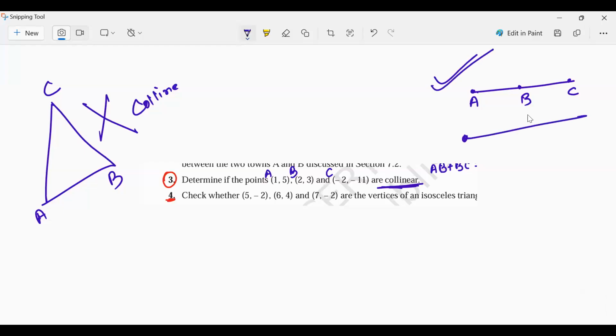Or if A, B, and C is somewhere just in between, this is collinear. If you have A like this, B like this, and C like this, then this is not collinear. Collinear means all the points should be sitting on one straight line. When you try to join them, you are able to join them just by drawing a single straight line. It's not randomly scattered such that even if you place the scale, you are not able to join them. That's not collinear. Am I making sense to all of you?